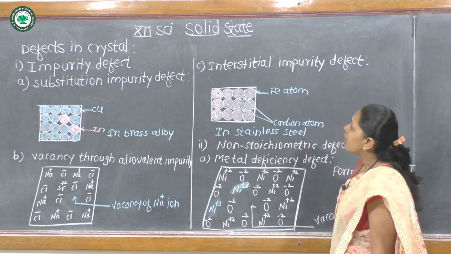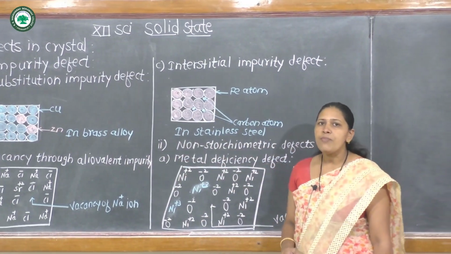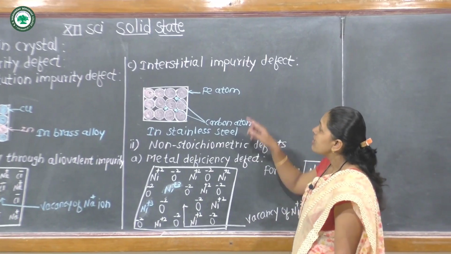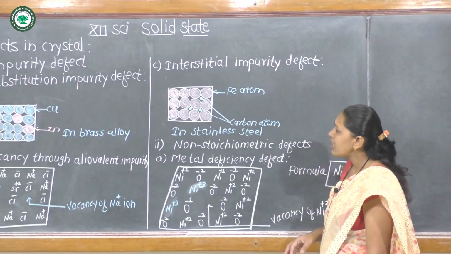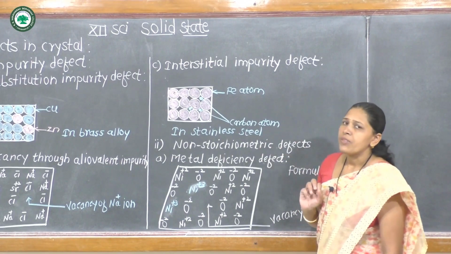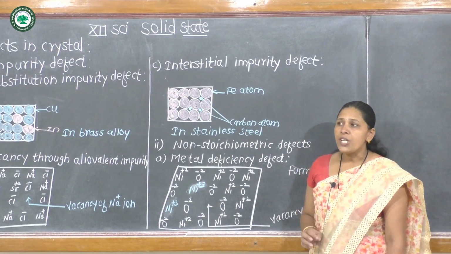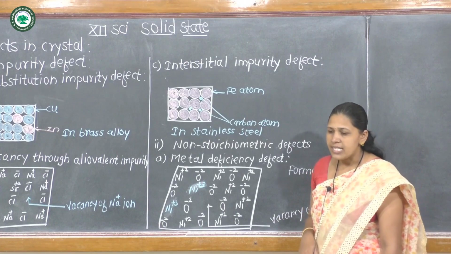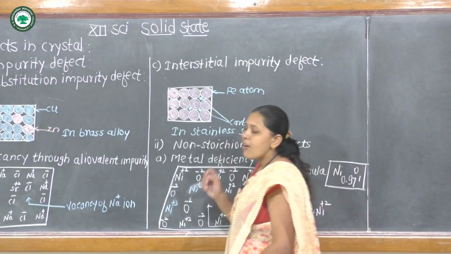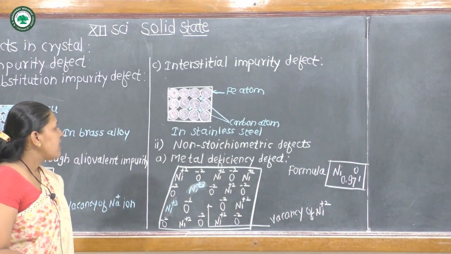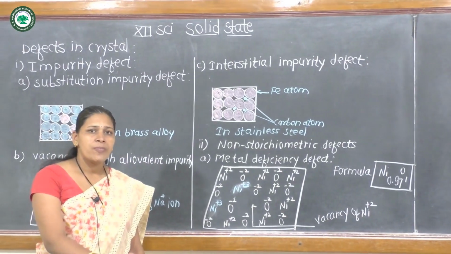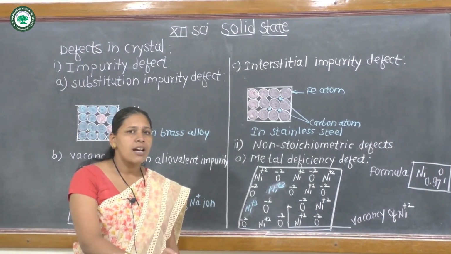Then the third type of impurity defect is interstitial impurity defect. Here also the example is a solid solution of metal, that is an alloy. The best example of interstitial impurity defect is stainless steel alloy. It is an alloy of iron.